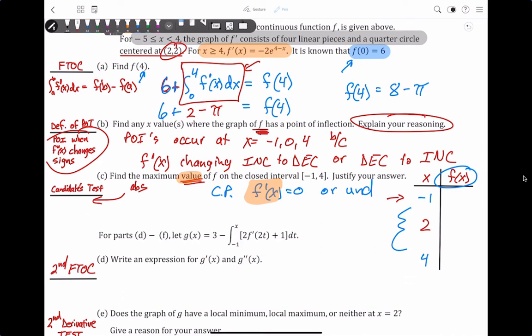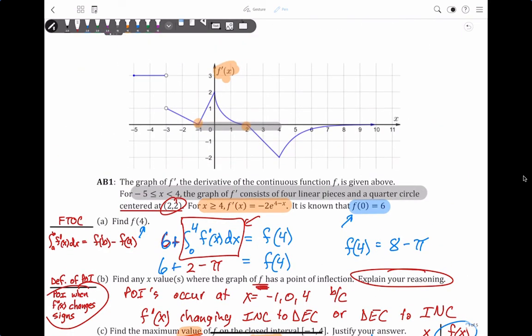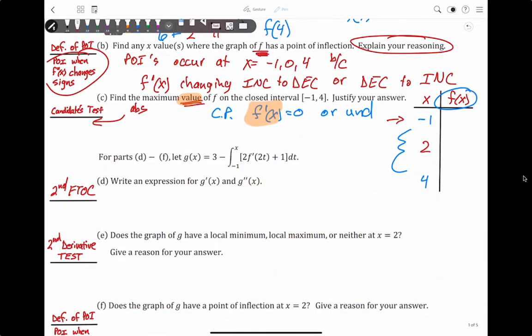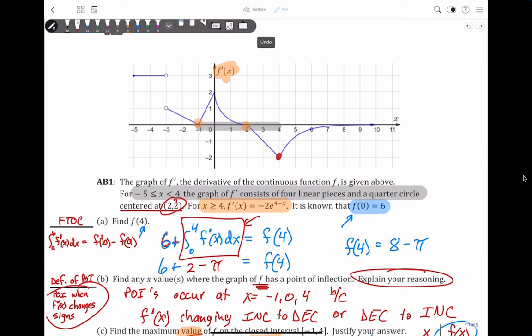Now you're probably asking, wait a minute, isn't there a cusp here at 4? Well, we already have 4. And then you're probably saying, well, isn't there a cusp at x is equal to 0? But here's the thing, f double prime would be undefined. So f double prime at 0 is undefined. But that doesn't mean that f prime is undefined, because f prime at 0 is 2.